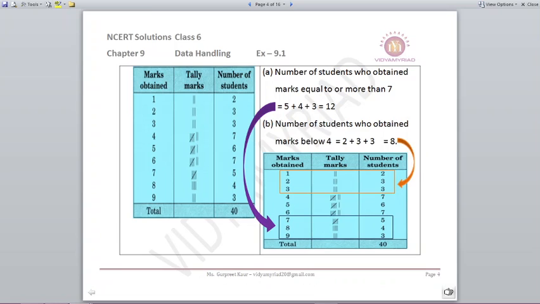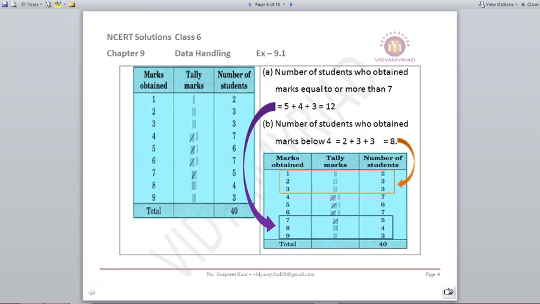The next column represents the number of students. You will count your telemarks easily and write down how many students obtained 1 mark, 2 marks, 3 marks and so on. Based on this information, we will find out the answers.